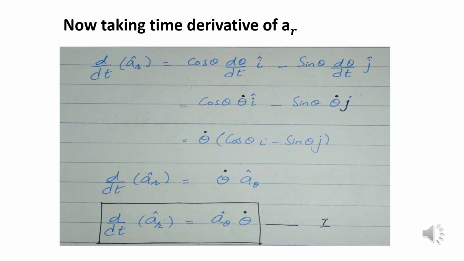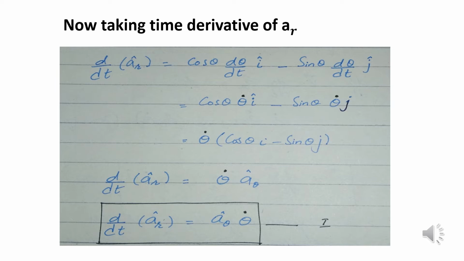and for d theta by dt we will substitute theta dot, so that will become cos theta theta dot i cap minus sin theta theta dot j cap. Taking theta dot common we get cos theta i cap minus sin theta j cap, and we know that cos theta i cap minus sin theta j cap in the previous slide is equal to A theta cap.